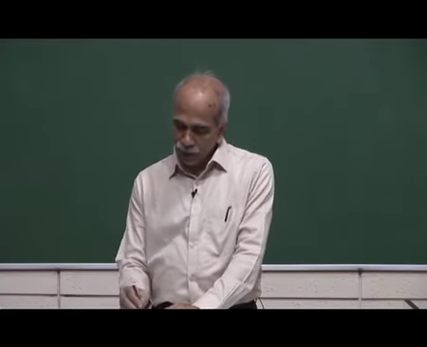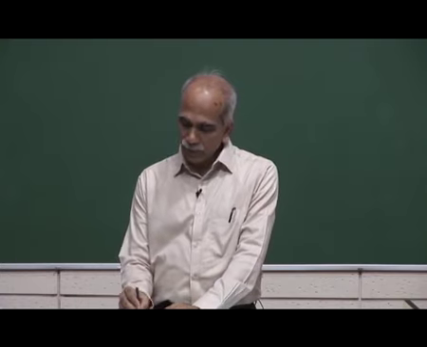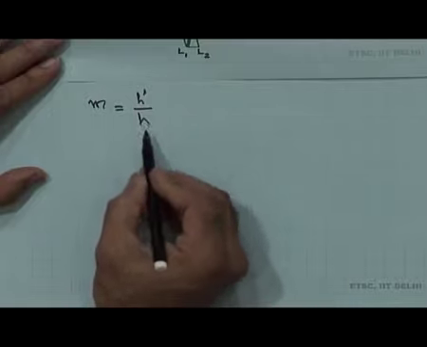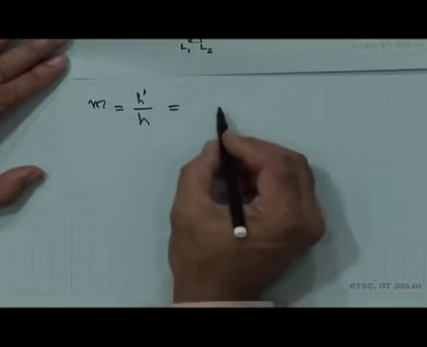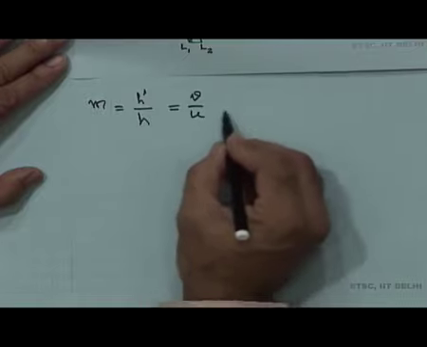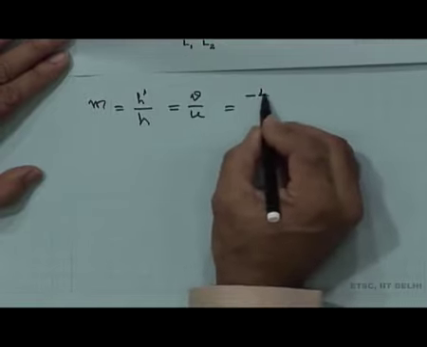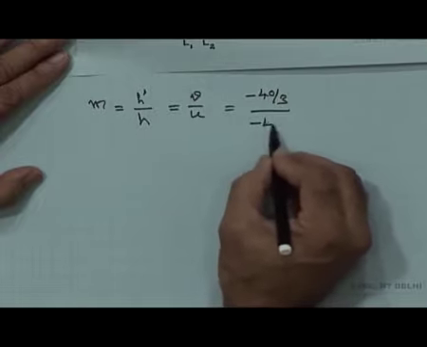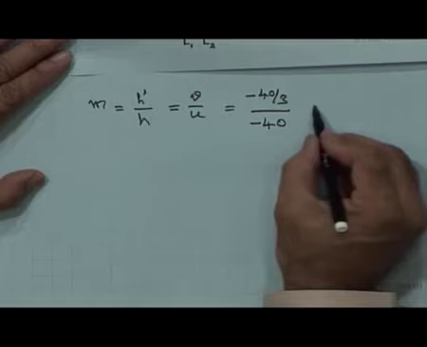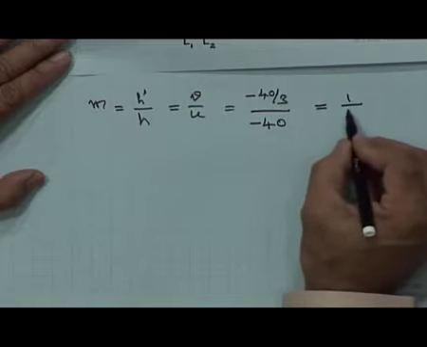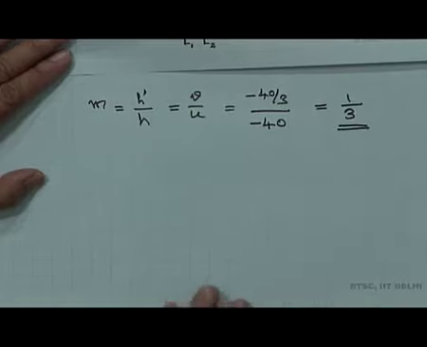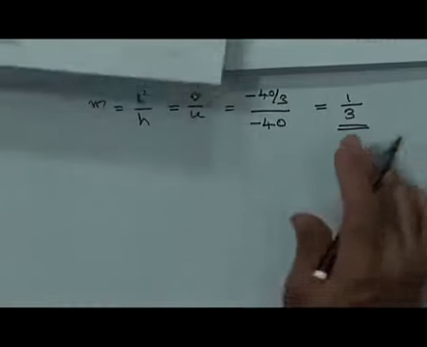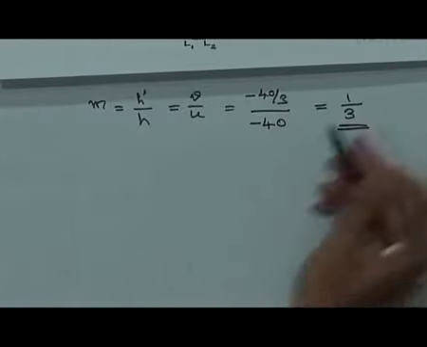The magnification m is equal to h dash by h, size of the image by size of the object, which is equal to v by u. So, v is minus 40 by 3 divided by u, which is minus 40, and that is equal to simply 1/3. So, we have m is equal to 1/3.